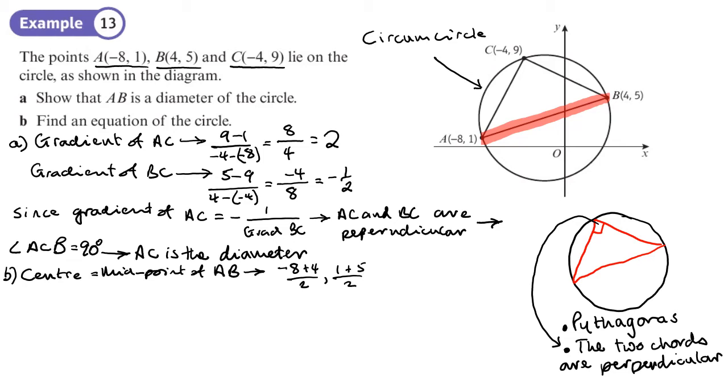That gives us -4 divided by 2, which is -2, and 6 divided by 2, which is 3. So we have the centre of the circle.